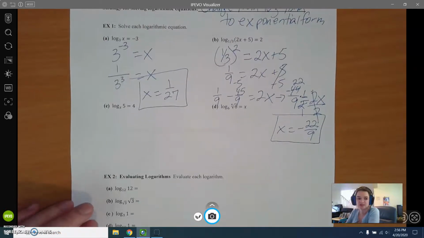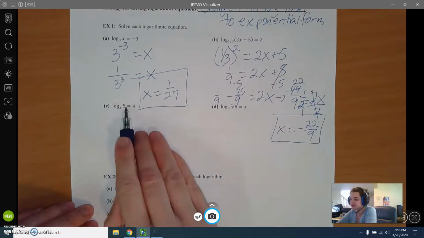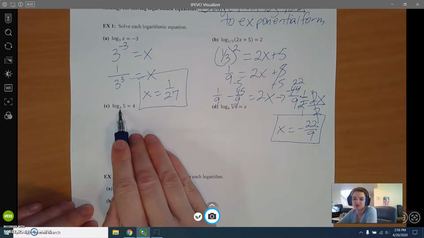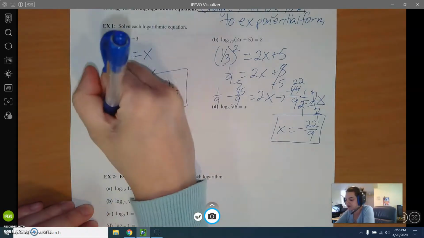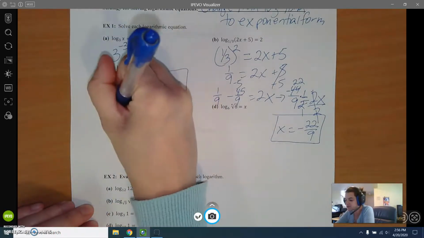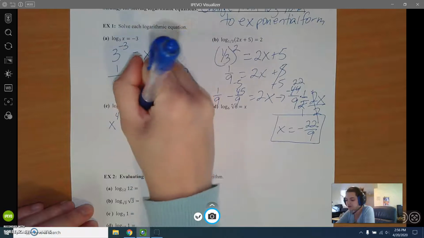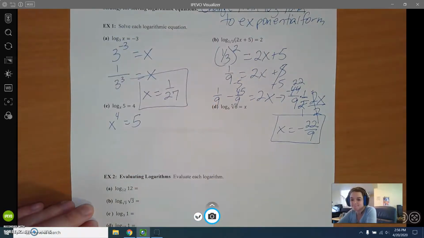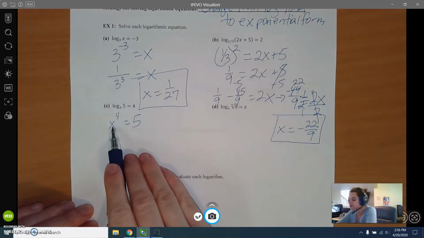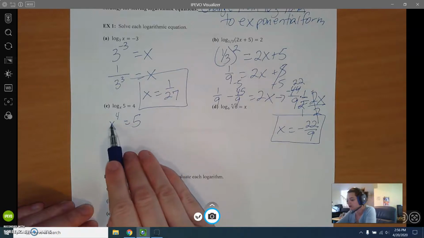Let's see, in part C, I've got log base x of 5 equals 4. This time I'm solving for the base. Let's see if exponential form helps us. So in exponential form, I would have a base of x, an exponent of 4, and it would equal 5. Okay? So this one, we're trying to get x by itself.